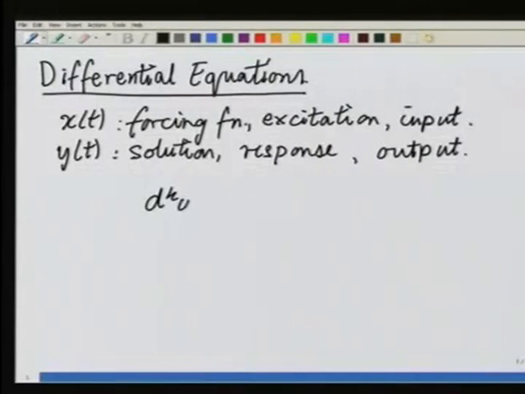So, if we denote the kth derivative of y(t) by d^k y(t)/dt^k, then some n of these derivatives of y(t) will be combined together to form a function which is equated to x(t) in the following manner.